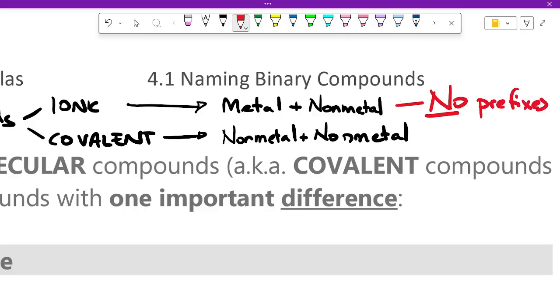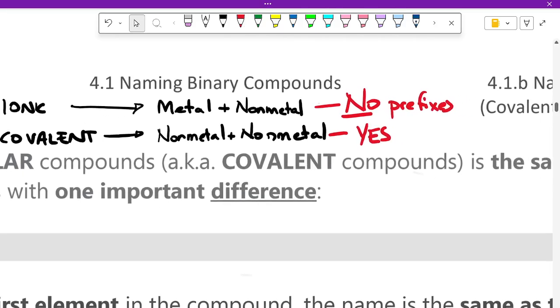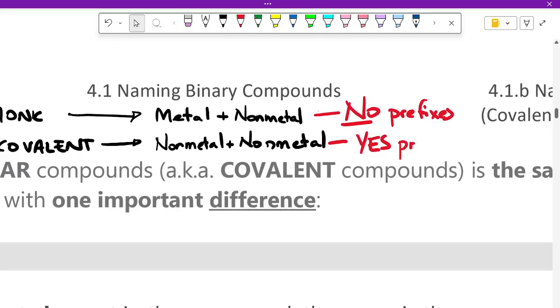How about for covalent compounds? Yes, prefixes. So 4.1b is all about the prefixes.